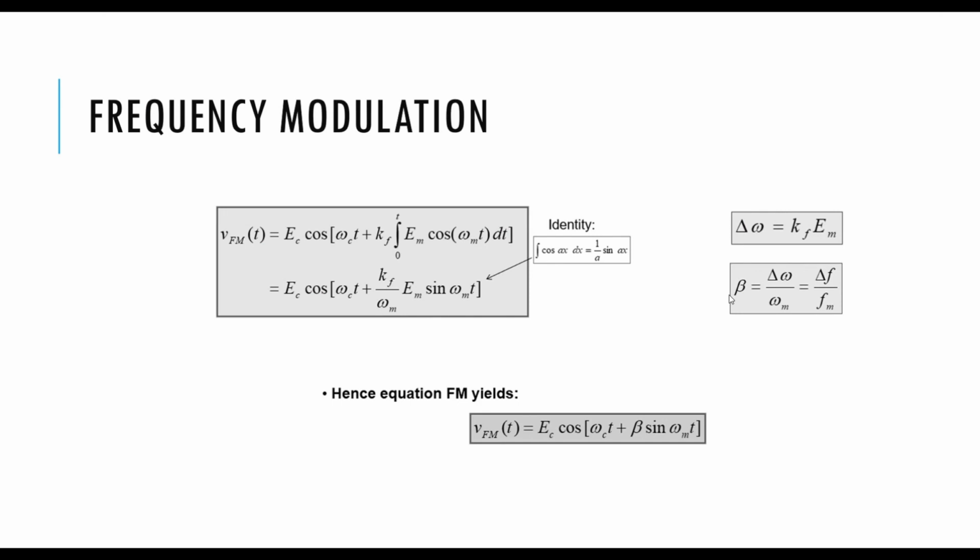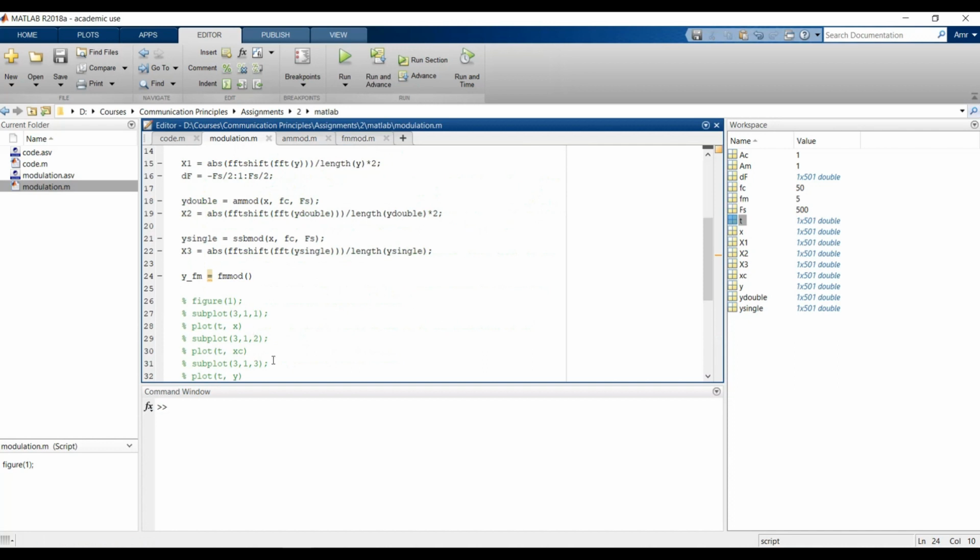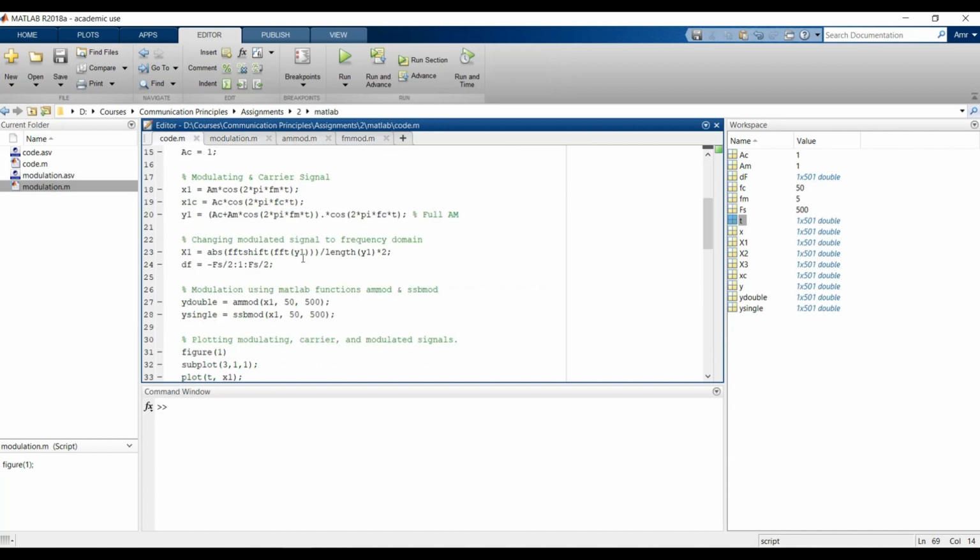According to the Bessel table, we will have 4 sidebands and 1 carrier band. This means that if this one is 2 and our FM is 5, we can assume that our delta F, or the frequency deviation here, is 10.